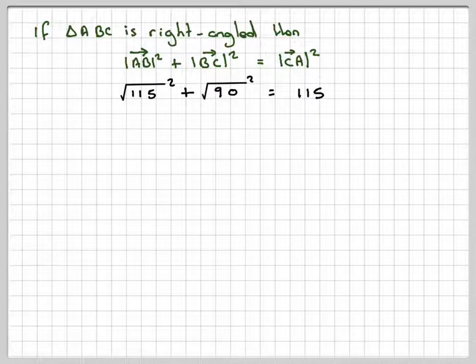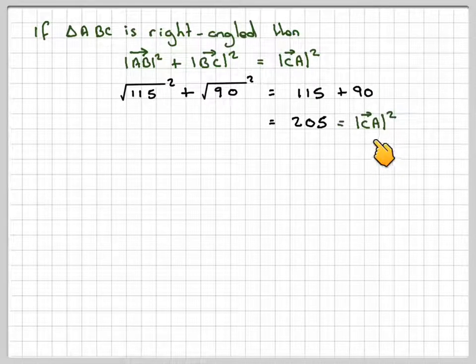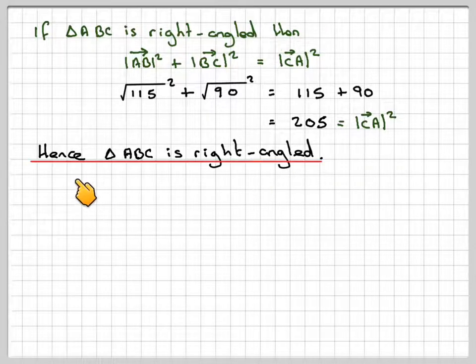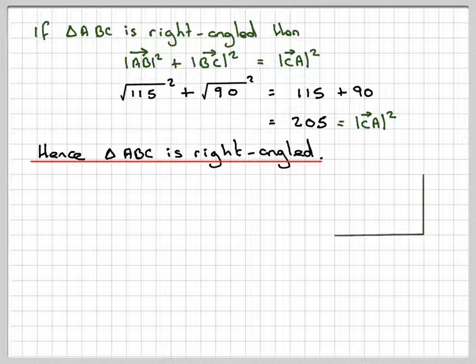That's equal to 115 plus 90, which is equal to 205, which we know is equal to the magnitude of CA squared, because the magnitude of CA was root 205. So having worked out that these are the 2 smaller sides of the triangle, don't forget to conclude, hence triangle ABC is right angled, because we were asked to show that.